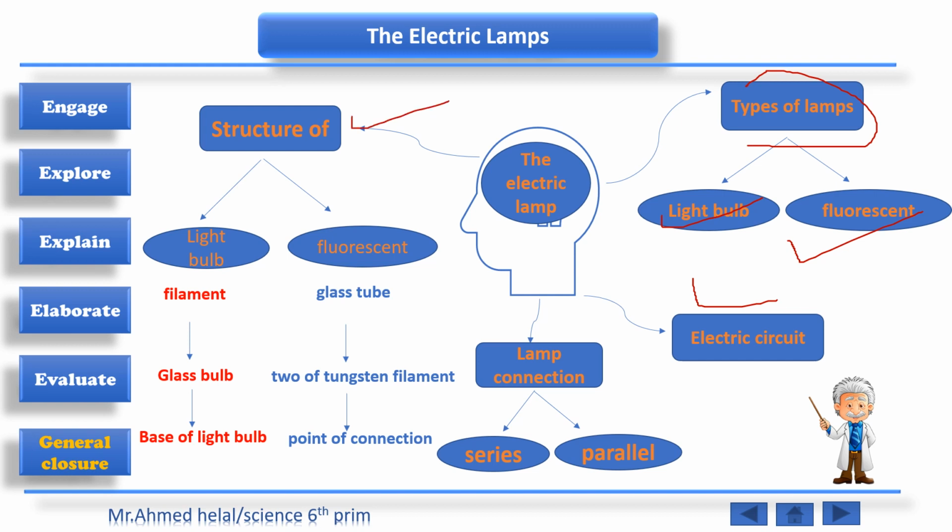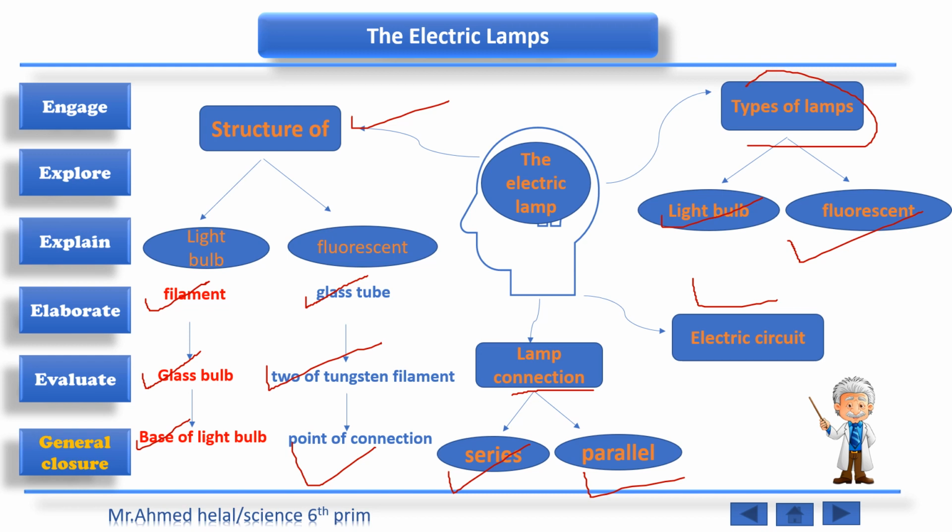The light bulb has a filament of tungsten, a glass bulb filled with argon gas, and a base made from lead. In the fluorescent lamp we studied the glass tube, two tungsten filaments and the point of connection. And here we studied the methods of connection, the series connection and the parallel connection.